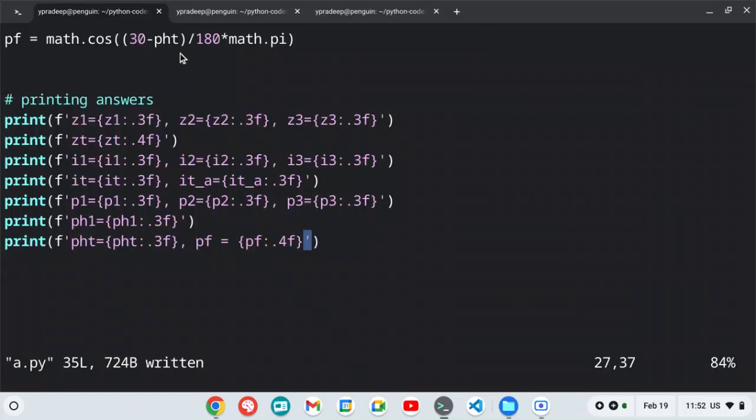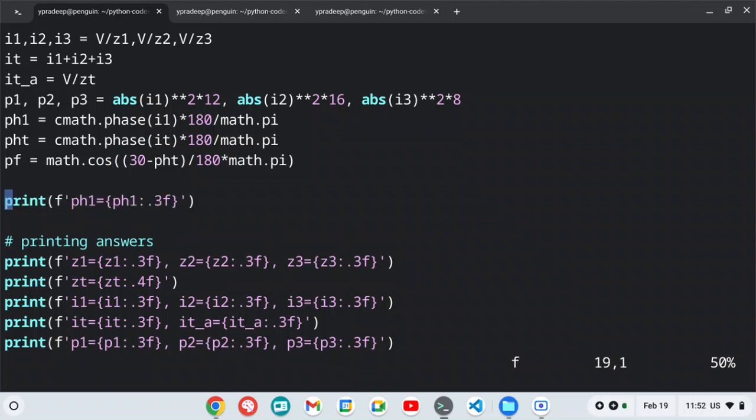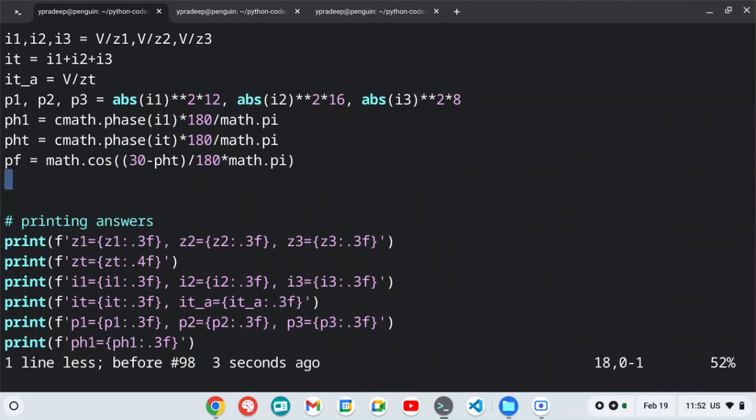Let's go back. Another way to calculate the power factor is PF2. It is the real part of the impedance, ZT dot real, divided by ABS of ZT.